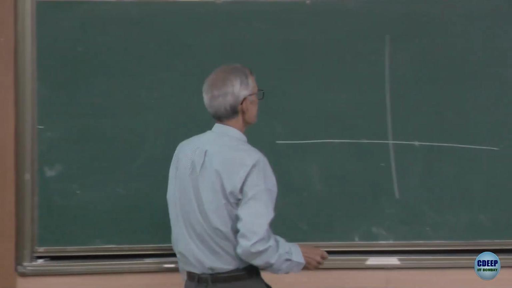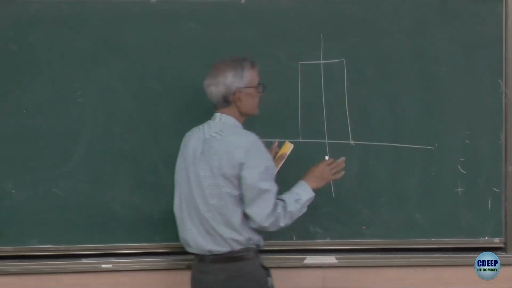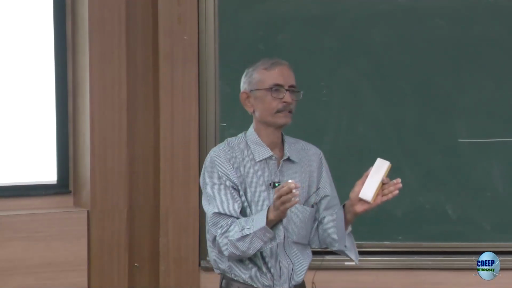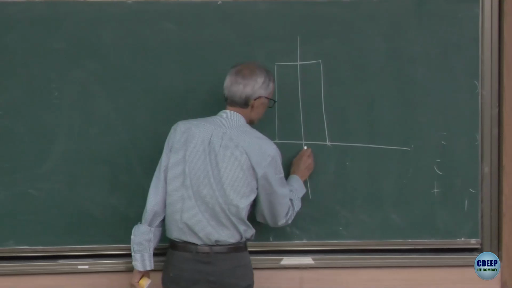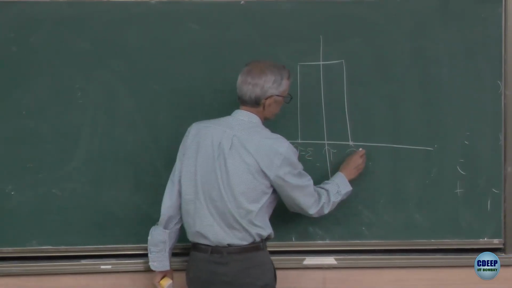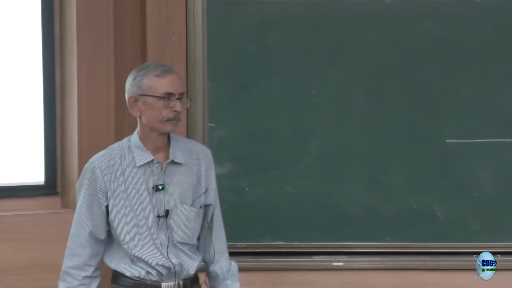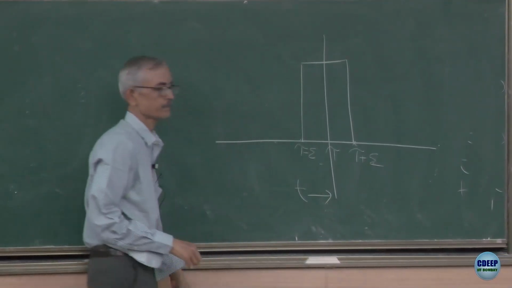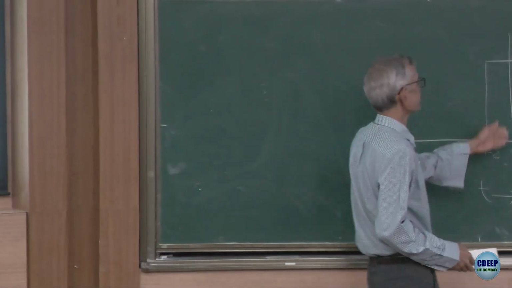Okay. So suppose now I have something like this. As of now, let us not worry about the Heaviside function. I just have a rectangle or a square or whatever it is, centered at tau. This is tau minus epsilon and this is tau plus epsilon, and this is, let us say, t. At t equal to tau there is some number.